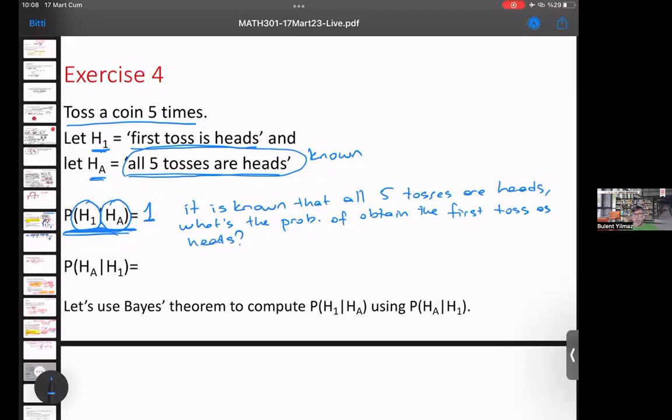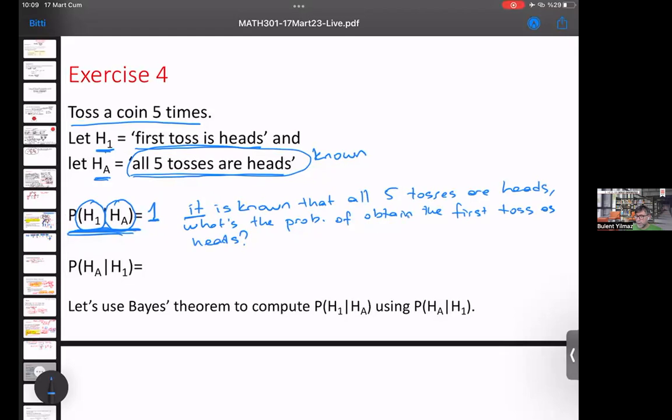That is the question. So 5 tosses are heads: H, H, H, H, H. What's the probability of obtaining heads as my first toss? 1. Now let's look at it from the other side.